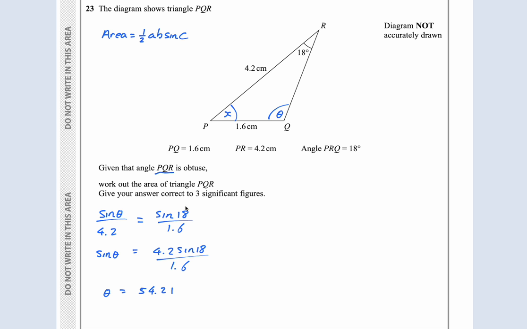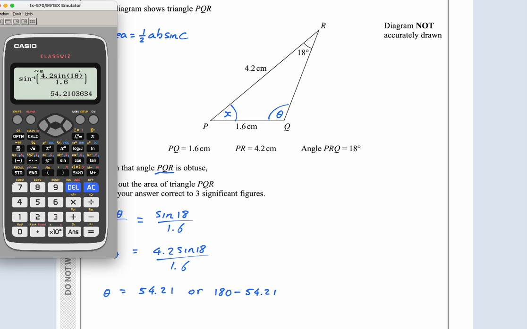But, and this is why they say this is obtuse. This is clearly not 54.21. It doesn't look like it's 54.21 because it's bigger than 90. Yes, the diagram is not drawn to scale, but he specifically says this angle is obtuse, which means this angle is greater than 90. So what we have to do is say theta is 54.21 or 180 minus 54.21.